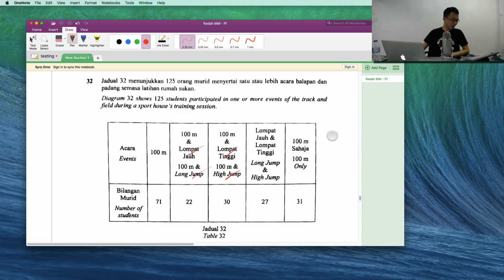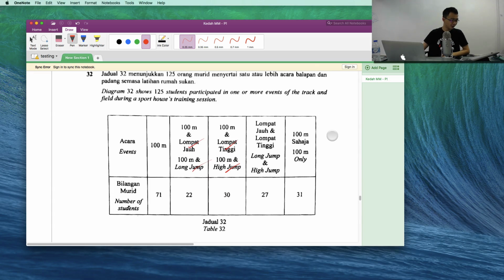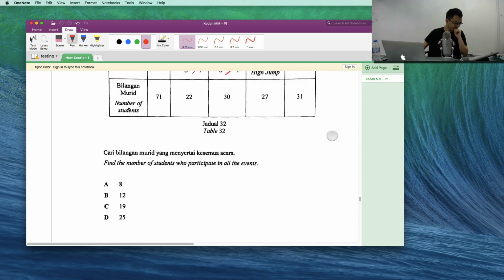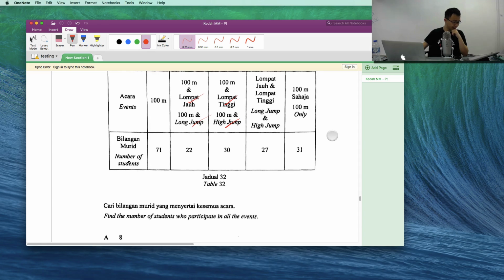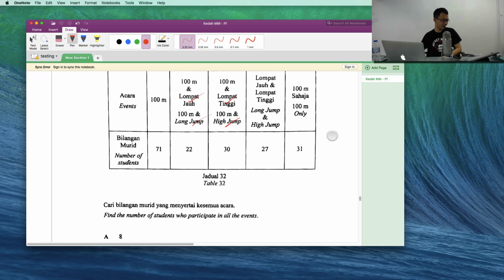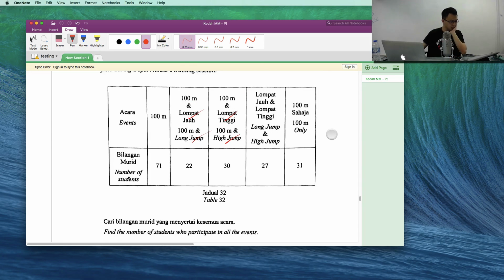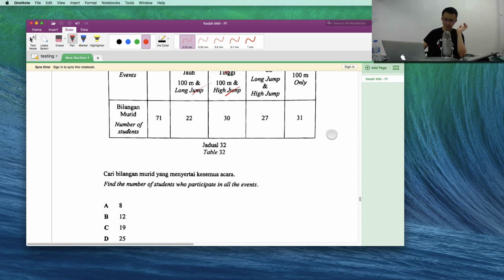Diagram 32 shows 125 students participating in one or more events of track and field during the sports house. Who participate in all the events. I really don't understand what the question is trying to say.